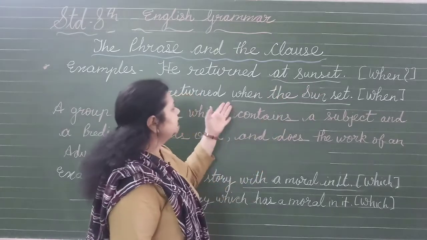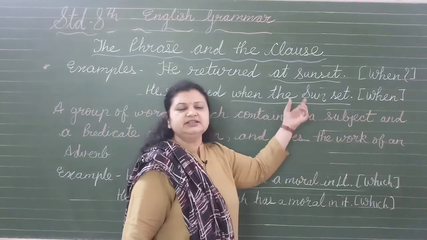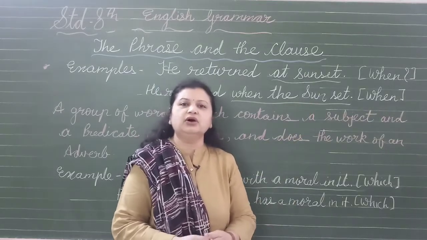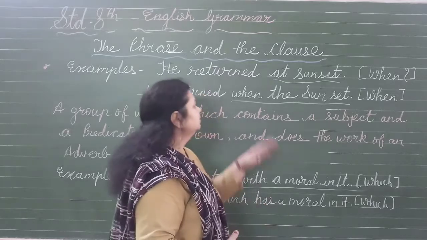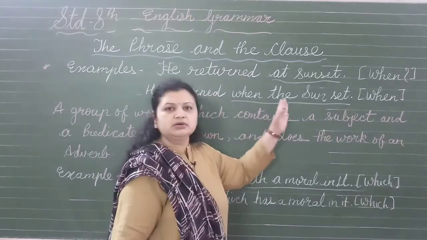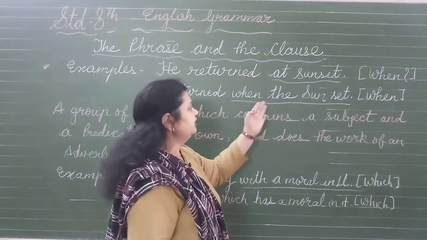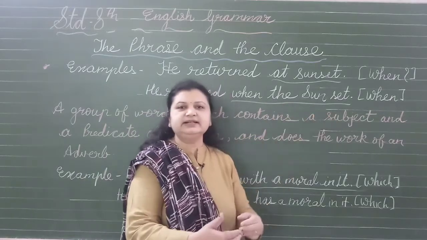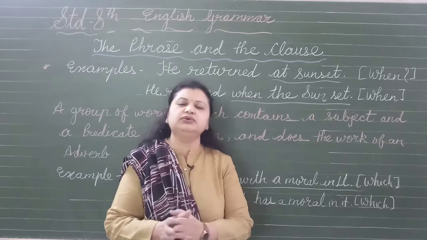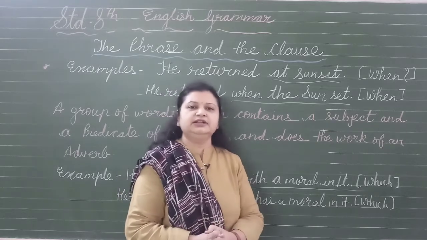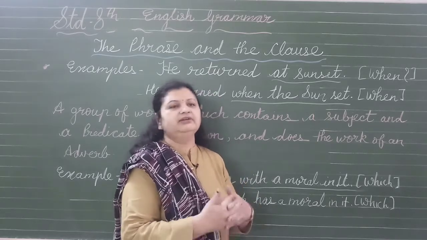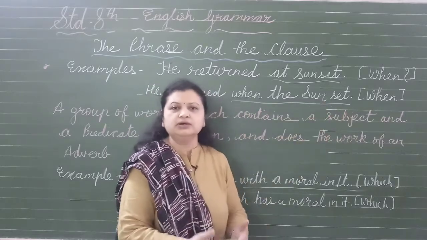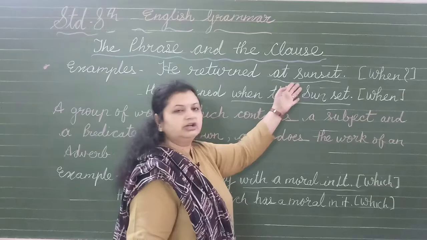And here "when the sun set" is also working as an adverb, because it is giving the answer to "when." So this is called an adverb clause, because it has its own subject and predicate. When a group of words contains its own subject and predicate, it is called a clause, and when it gives the answer of "when," that is called an adverb clause, and here it is an adverb phrase.